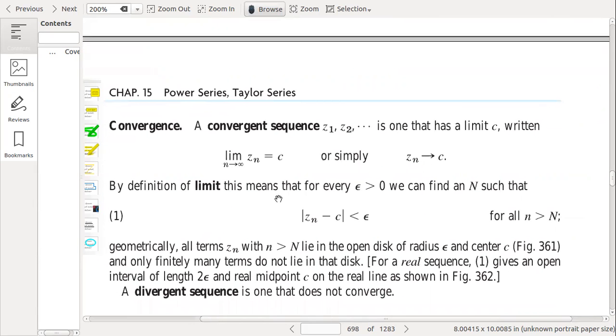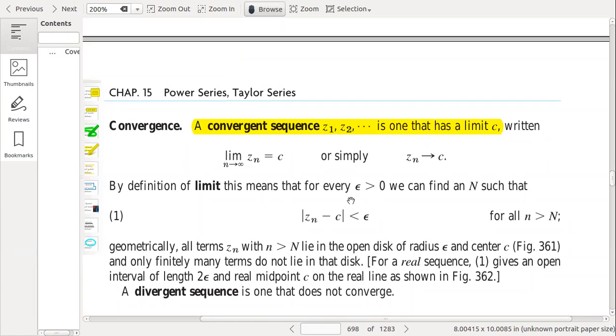A convergent sequence Z1, Z2, and so on is one that has a limit C. A convergent sequence must have a limit C, which can be written as limit n approaches infinity of Zn is equal to C, or simply Zn approaches C.